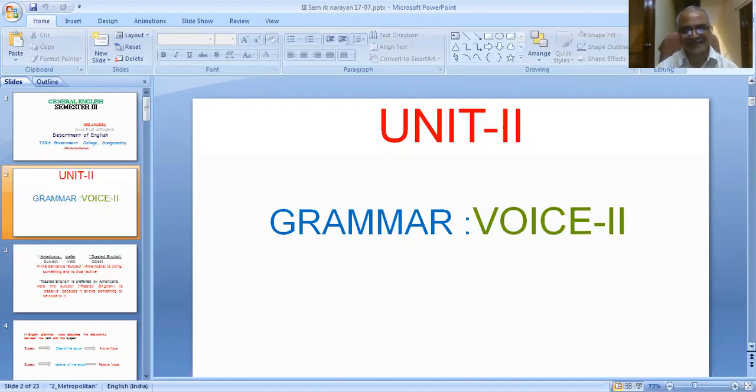And the second section is a prose piece of writing, Toasted English, written by R.K. Narayan. When R.K. Narayan was visiting the USA as a visiting professor in one of the American universities, he observed how Americans have toasted English.